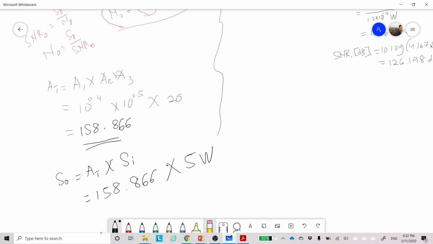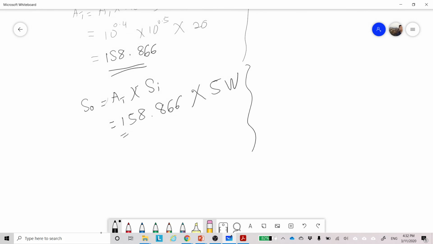So you akan dapat jawapannya, SO dalam watt adalah 794.328. Saya dapat jawapannya sebab dia tanya berapa SO. So this is the answer for SO.